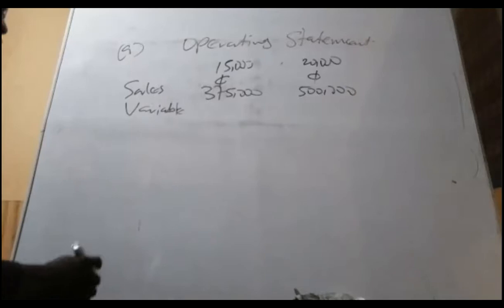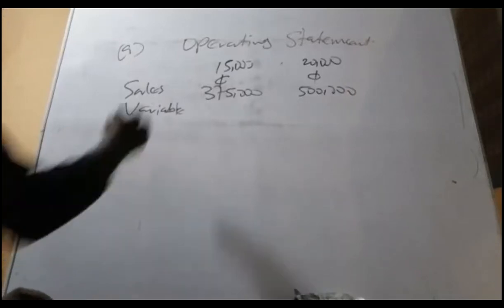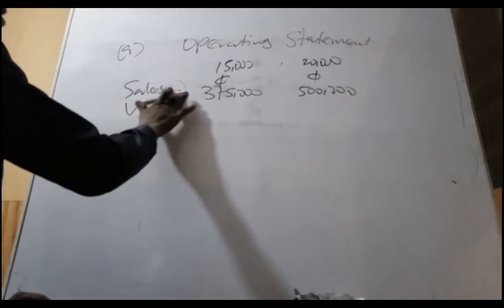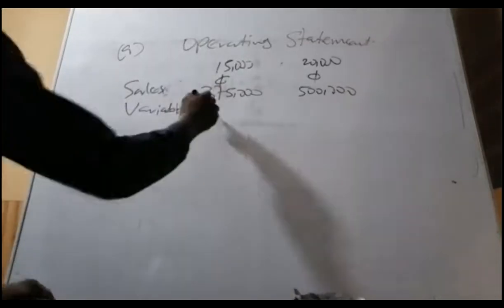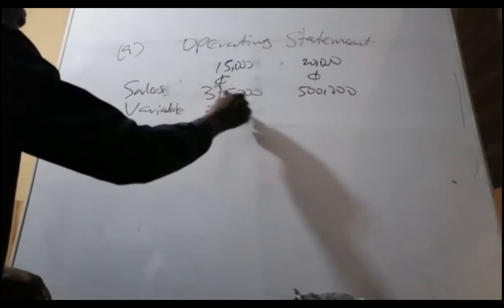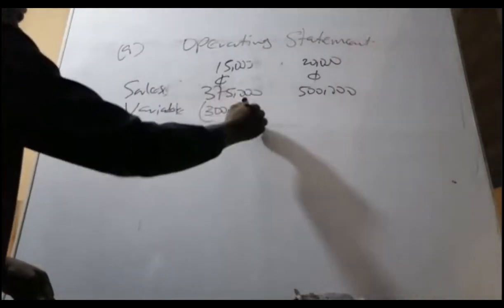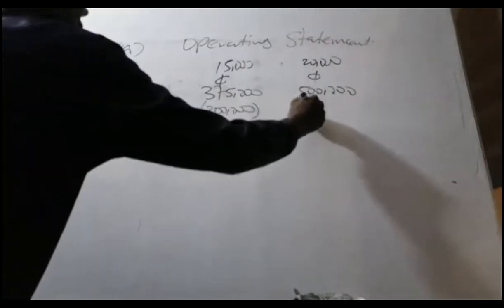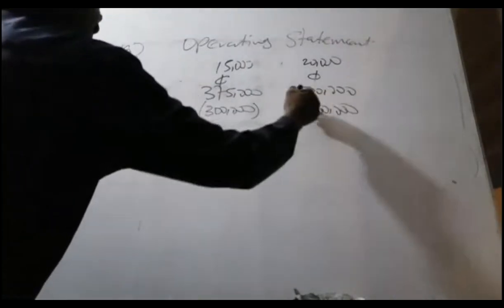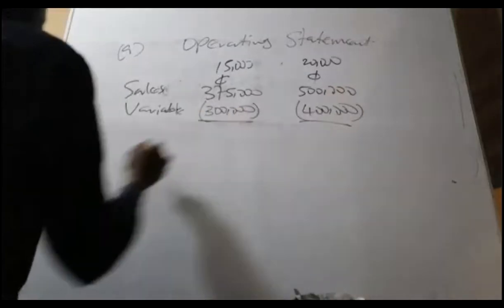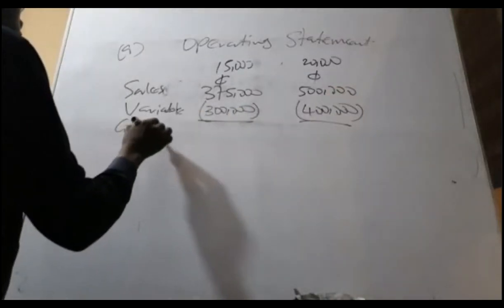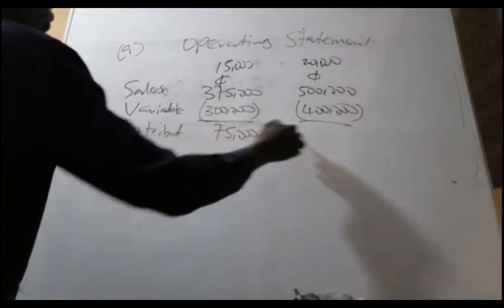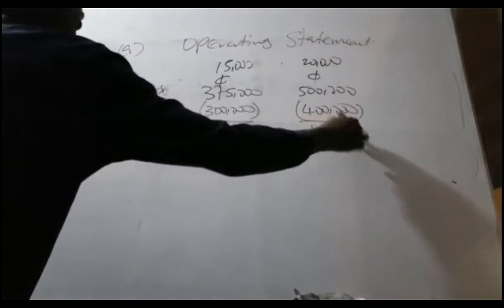What's the variable cost? The variable cost here is 25 cities, and this one is 20 cities, right? So 20 by this gives 300,000. We take it off. What about the other side? 400,000. Okay, so what is the contribution? Contribution is 75,000 and 100,000 respectively.